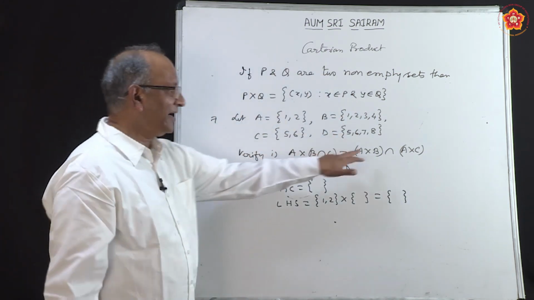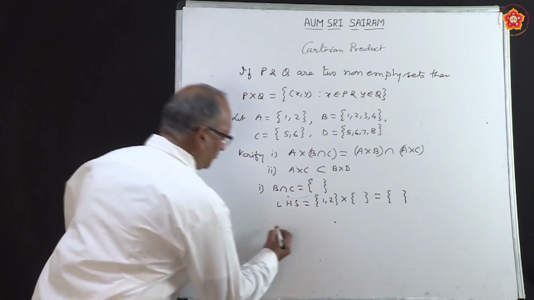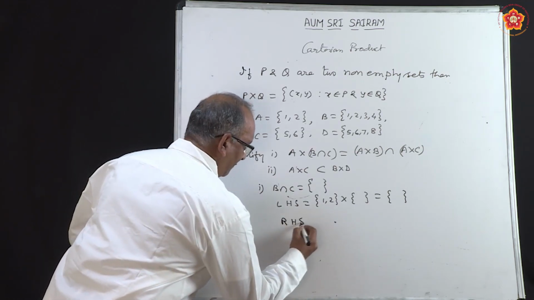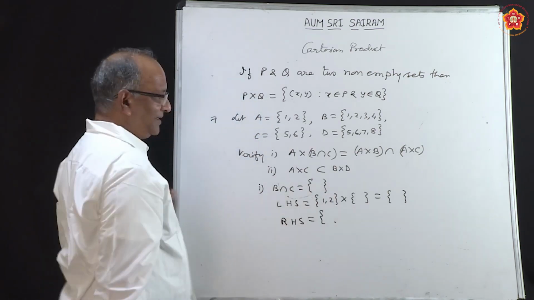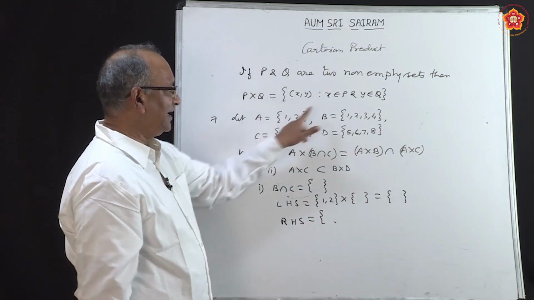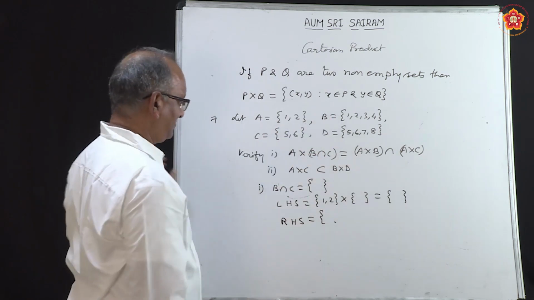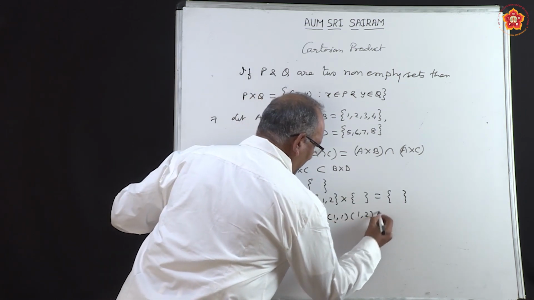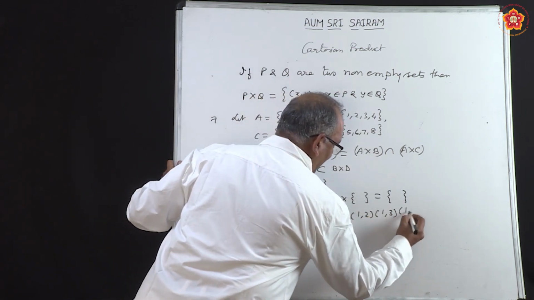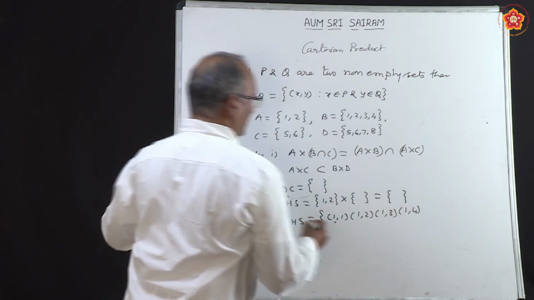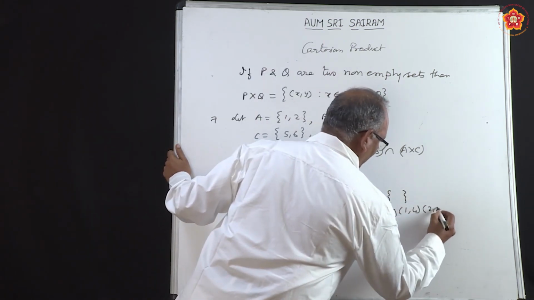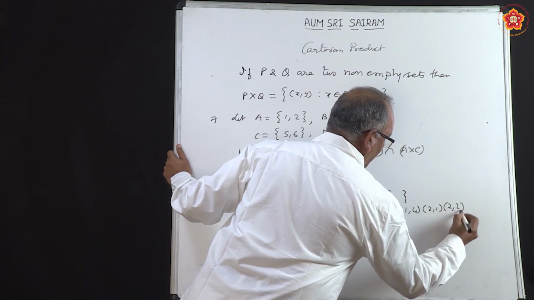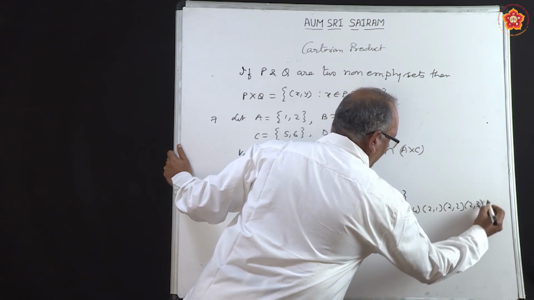Now, go to the right hand side. What is the right hand side? A cross B. A is there, B is there. Please write A cross B. Very simple: (1,1), (1,2), (1,3), (1,4), (2,1), (2,2), (2,3), (2,4).